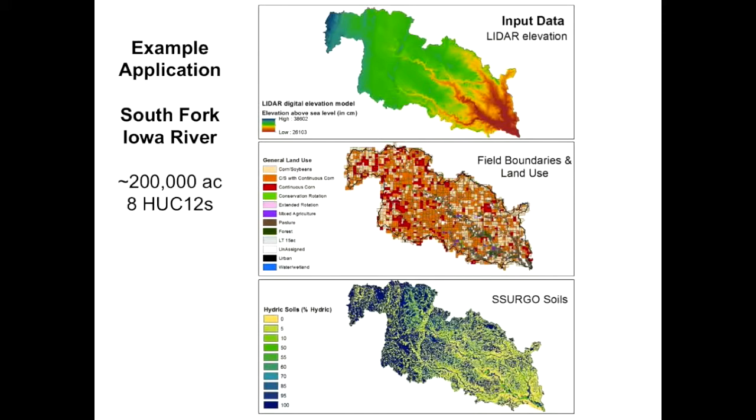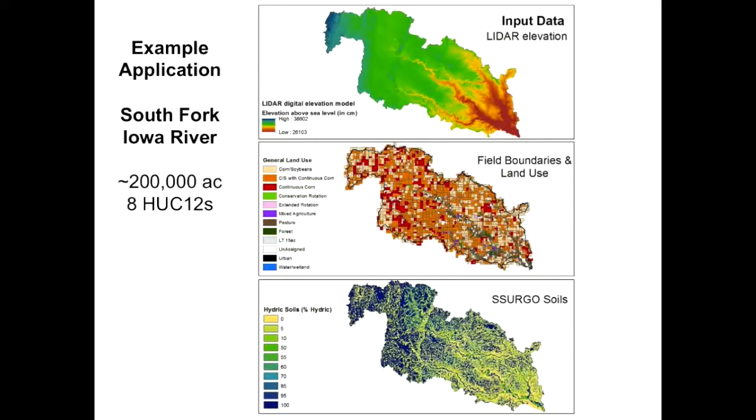It's recent glacial terrain, a lot of potholes, but the terminal moraine of the Des Moines lobe actually cuts through the watershed down through here, and so you've got these well-developed stream networks at the lower end of the watershed, but a kind of a glacial plain with a lot of internally drained potholes and ditch systems up in the upper part of the watershed.